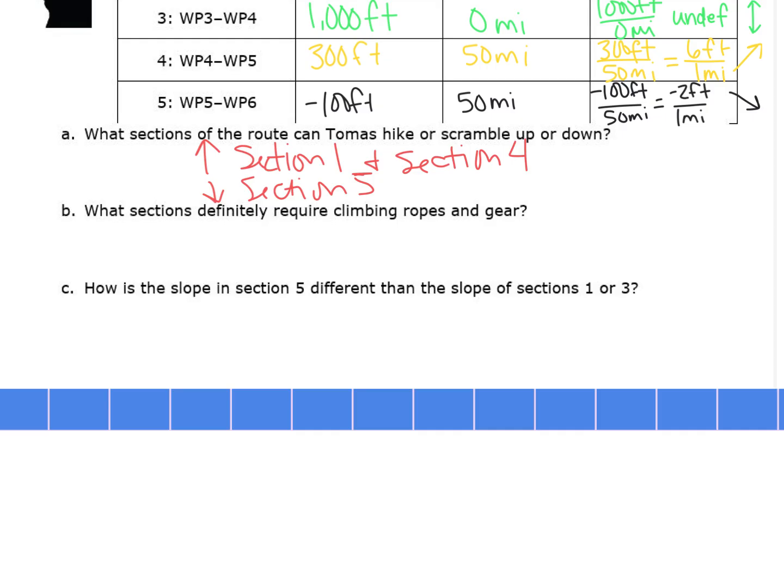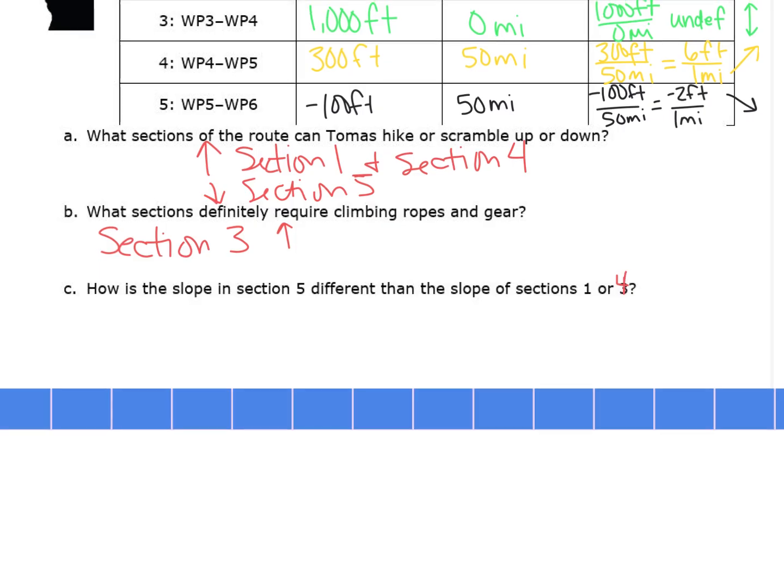So which sections require ropes and climbing gear? What section or sections? Definitely section 3, because what were we doing on section 3? We were going straight up and down. Very nice. How is the slope in section 5 different than 1?